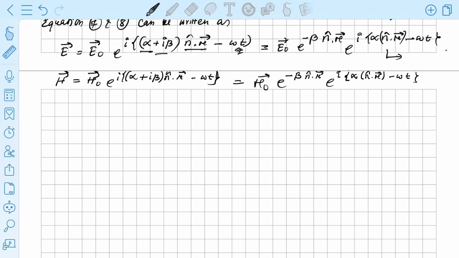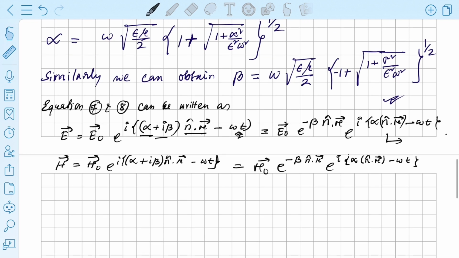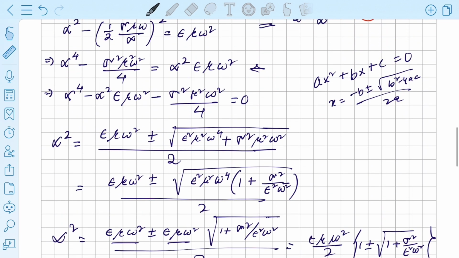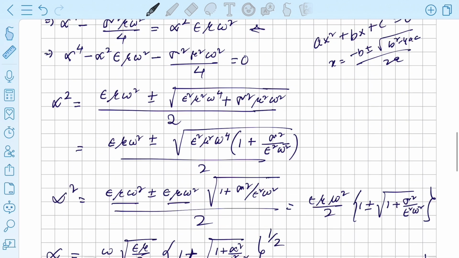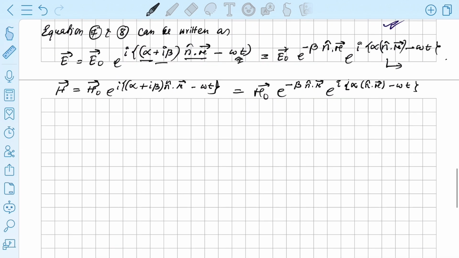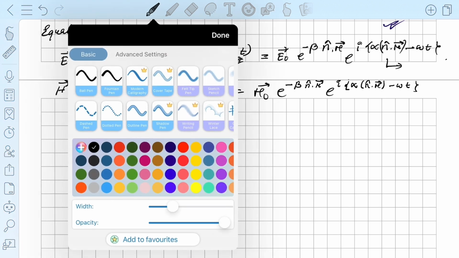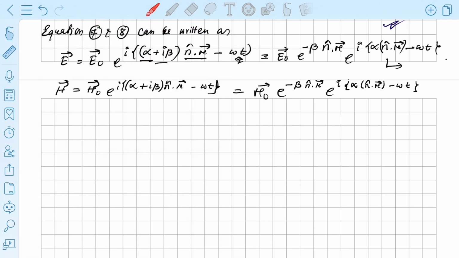The last equation was number 12, so this is equation number 13 and this is equation number 14.